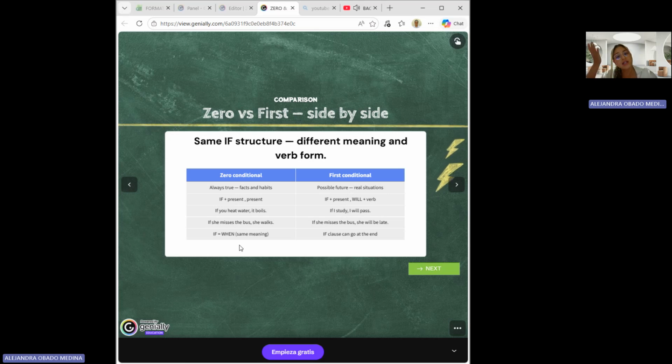Zero conditional. My habit, always true. And if it rains, I will take the bus. First conditional. Tomorrow, a real future possibility. The key: look for will. First conditional. Verbs in present simple, zero conditional.